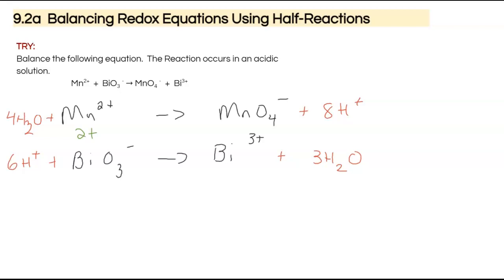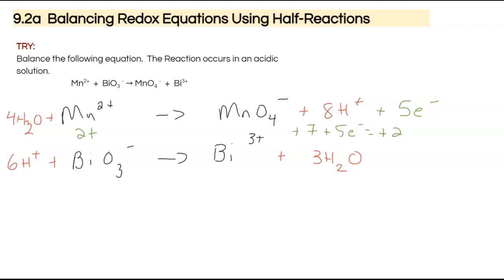Now on the product side, I have 1 negative and 8 positive charges, giving me an overall charge of plus 7 here. So I need to bring down this plus 7 charge by adding electrons to bring it down to 2. That means I need to add in 5 electrons, right? Because if I say plus 5 electrons, that gives me my positive 2 charge.